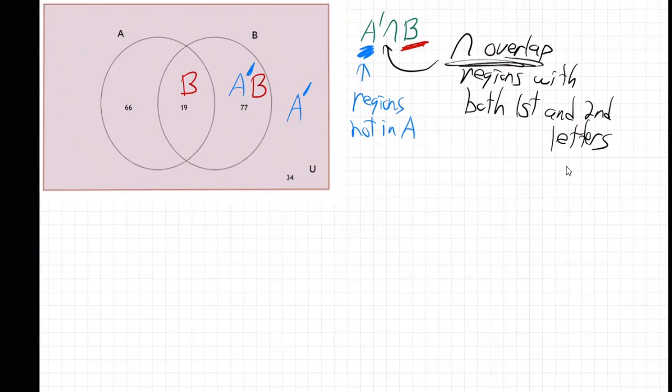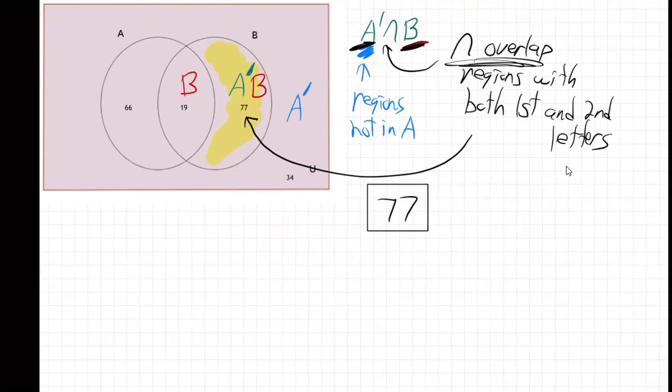That's what it means. It's overlap. Where does the A complement and the B overlap? Well, that's only going to be right here. You good there? The answer is just the 77.